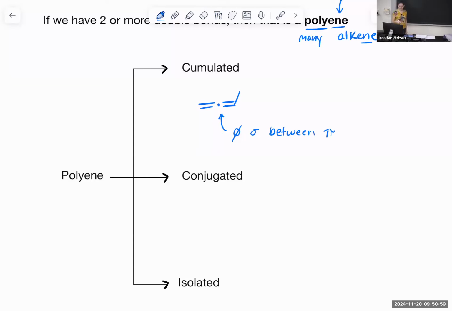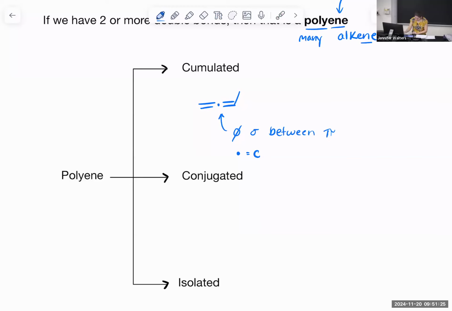So that's cumulated. That dot is representing a carbon. It's there to illustrate that I didn't just draw an obnoxiously long alkene. The dot is really breaking it up to indicate that these are 3 elements there. Like there's carbon, carbon, carbon. That's the point of that dot.